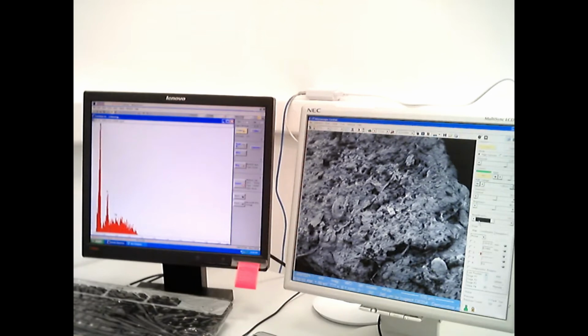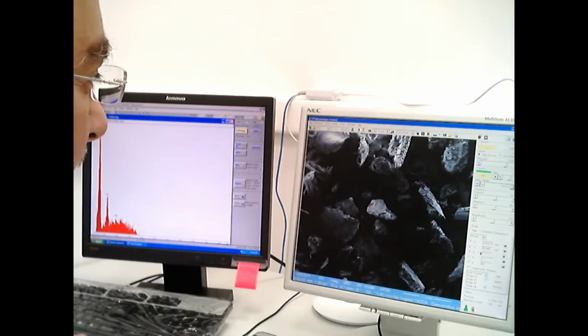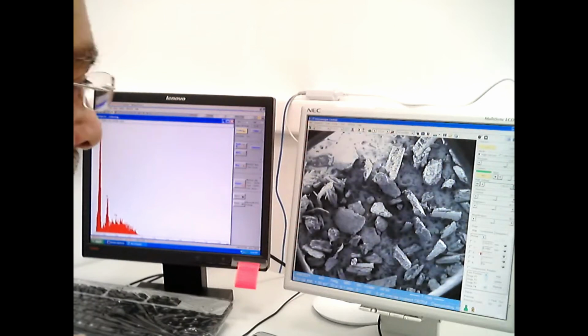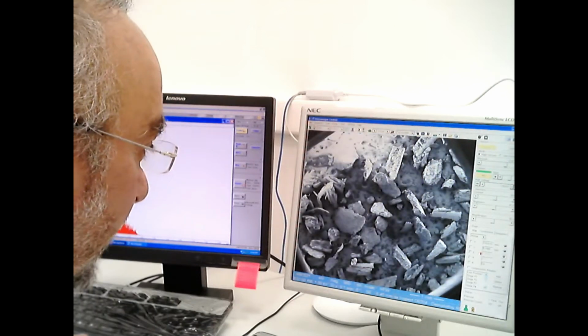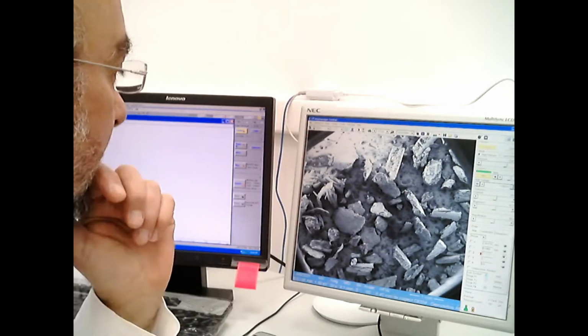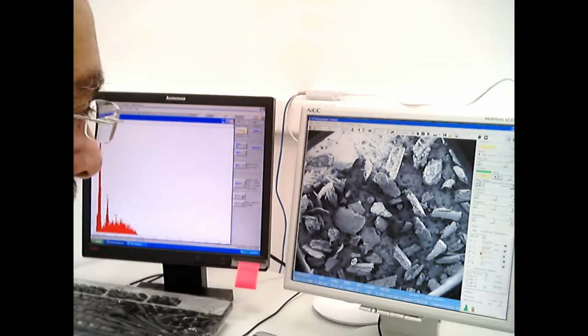Sometimes in the microscope you have to do a lot of searching around to find evidence, especially evidence that you can use. Let's see if there's any obvious stone. This is all organic. This one is obviously wood.